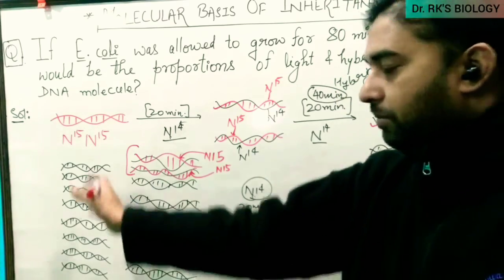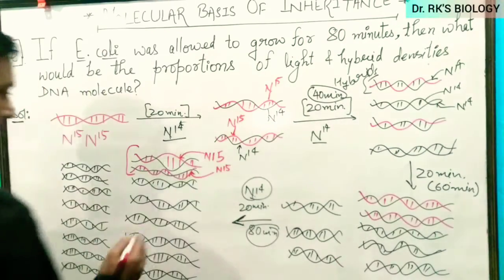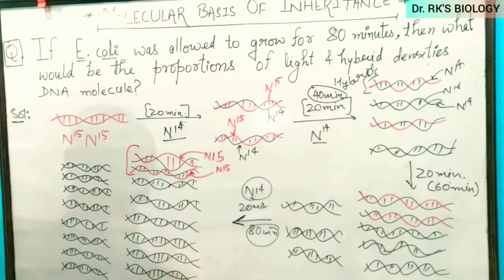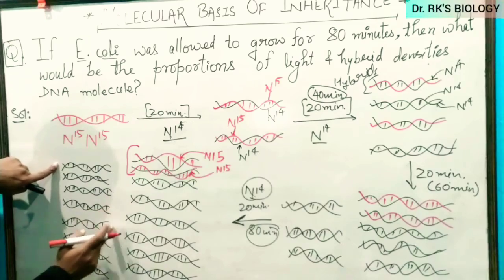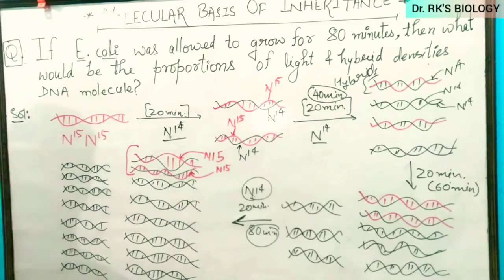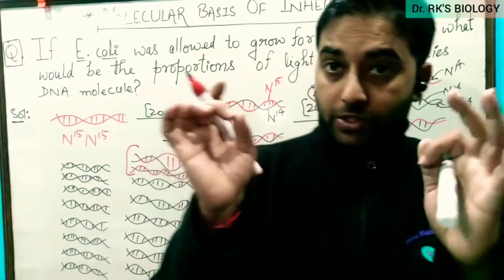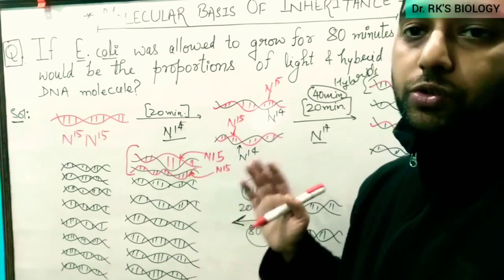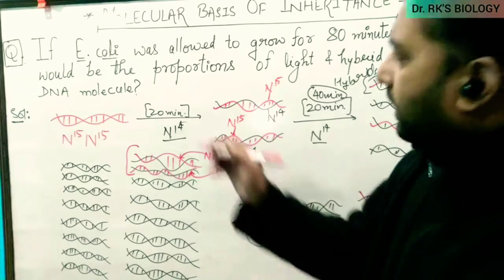You can count the total number: 1, 2, 3, up to 16. There are a total of 16 DNA, of which 2 are hybrid and the rest, 14, are the lighter ones.